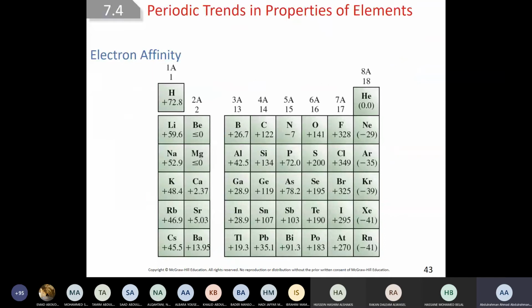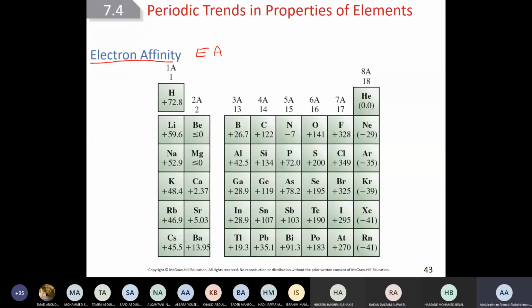Okay, the electron affinity was calculated for so many elements, and here you cannot see any trend. Don't forget, this is the electron affinity for elements.